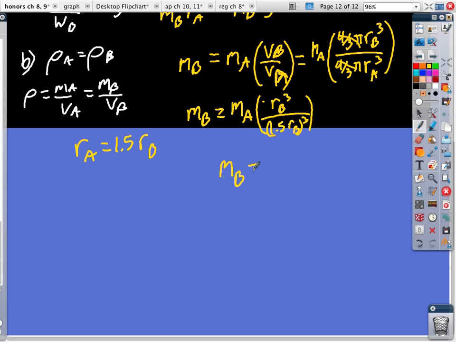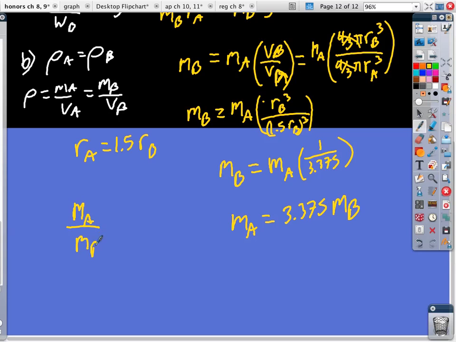So MB is equal to MA times 1 over 3.375, or MA is equal to 3.375 MB.